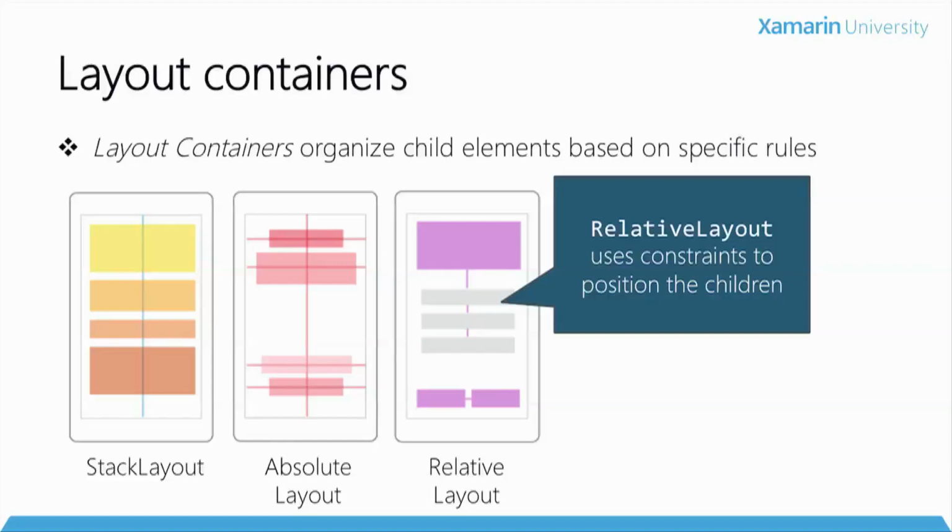If you have already attended iOS 300 here at Xamarin University, which talks about auto layout and constraints, then this might sound familiar. The idea behind this is the same. You define constraints in your code, and from these constraints, Xamarin.Forms calculates where and how to place the child elements.